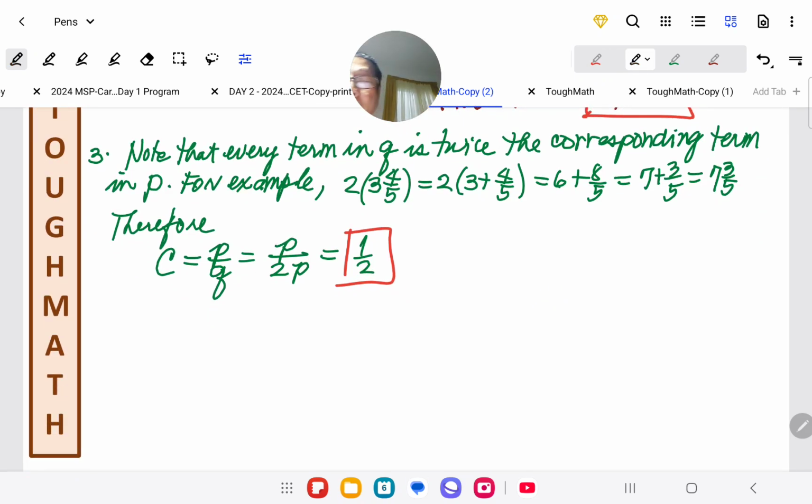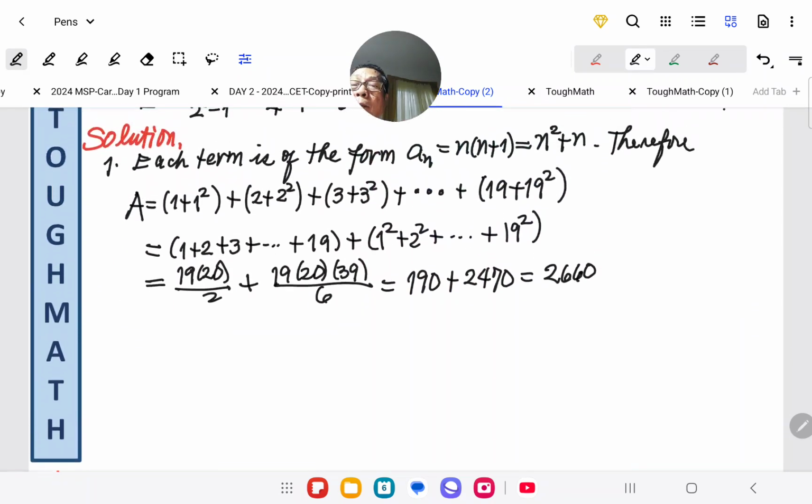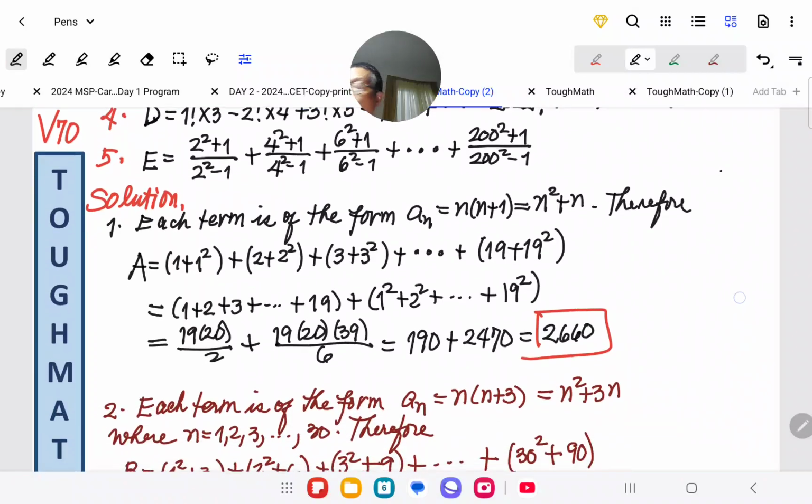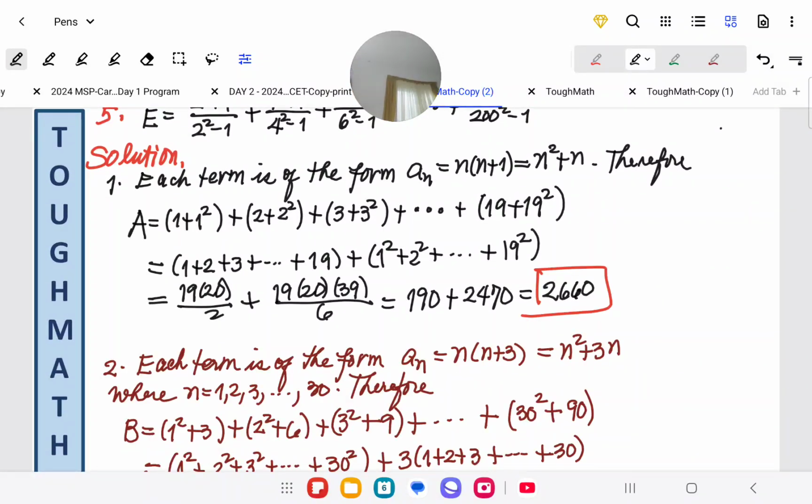Next, number 4. Number 4 is, okay, that one. Factorial.